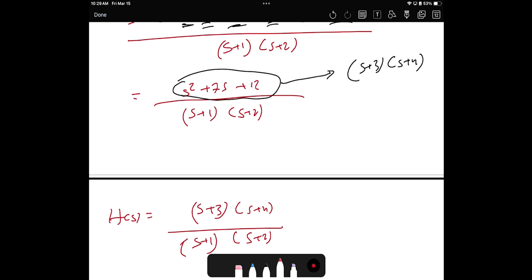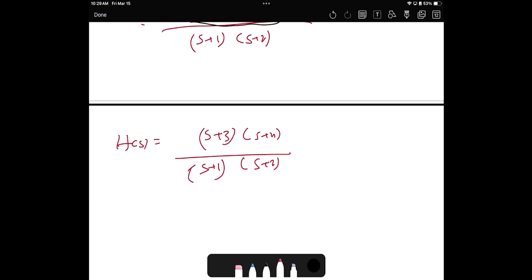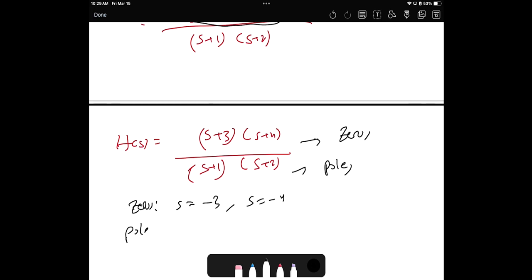Does this make sense? Now, the roots of the numerator are zeros. The roots of the denominator are poles. So we can say the zeros are at s equal to negative 3 and s equal to negative 4. The poles are at s equal to negative 1 and s equal to negative 2.